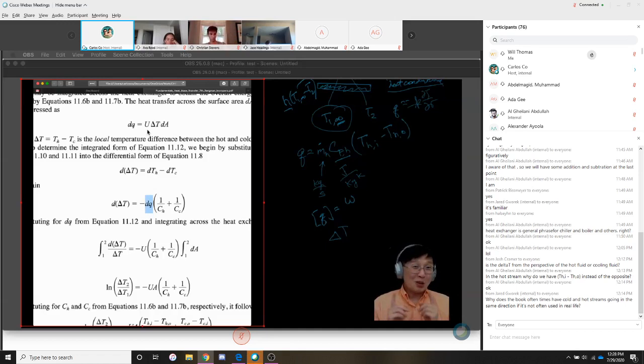And how does that come in? You need a relationship between the delta T and the dq. The only way you can introduce this physical characteristic of your heat exchanger, the overall heat transfer coefficient, is via dq. This is the only expression that has a U in it.